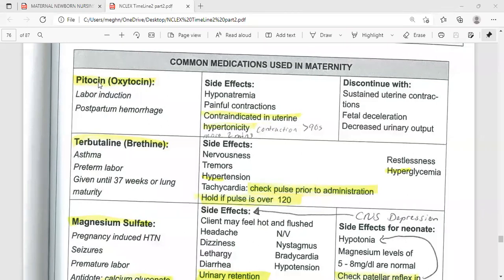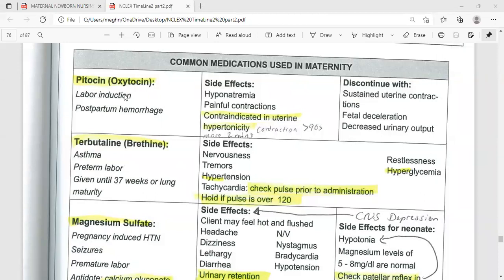So what are the indications of pitone? We use it for labor induction, or we use pitone for postpartum hemorrhage. It is very important every student must know excessive pitone can induce too many contractions and diminish the amount of oxygen that reaches an unborn child.